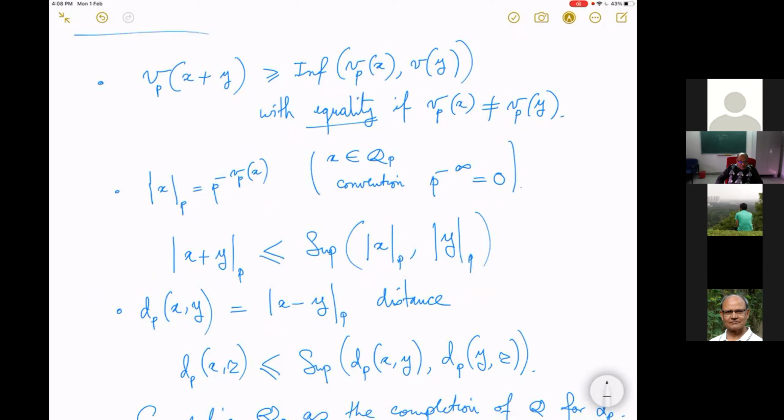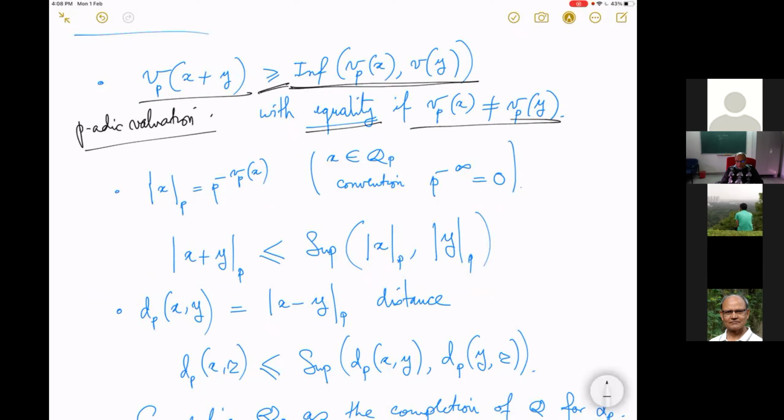So this valuation VP is called the P-adic valuation. The fundamental property is that VP of X plus Y is at least the smaller of these two, greater than or equal to the inf of VP of X and VP of Y. And you actually have equality if the two valuations are different.